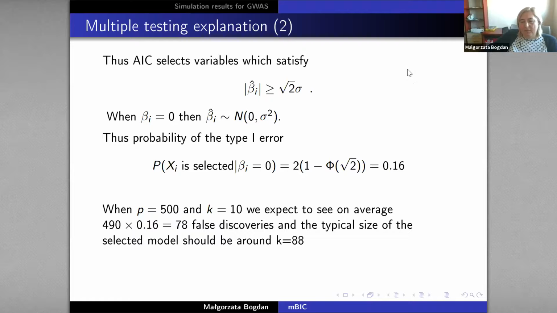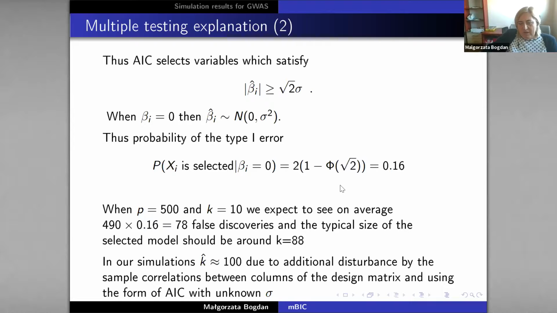However, in the situation when your p is fixed, asymptotically it will pick the model with best prediction properties. The model with the best prediction properties might include some false predictors, okay? But in the situation when p is large, as you can see, there is a disaster.